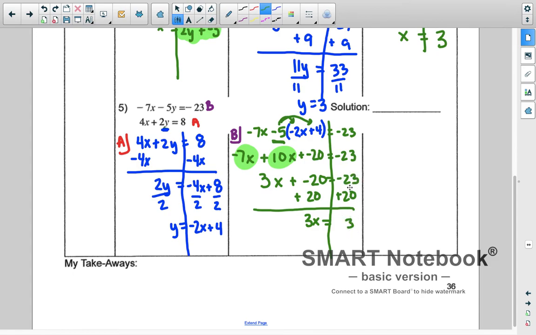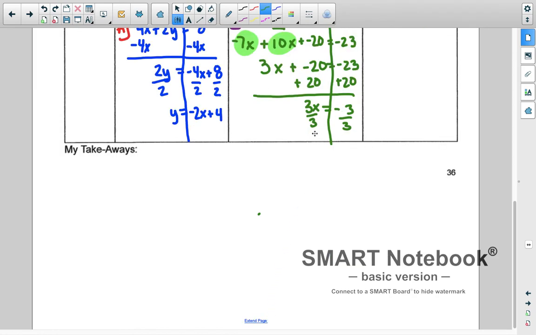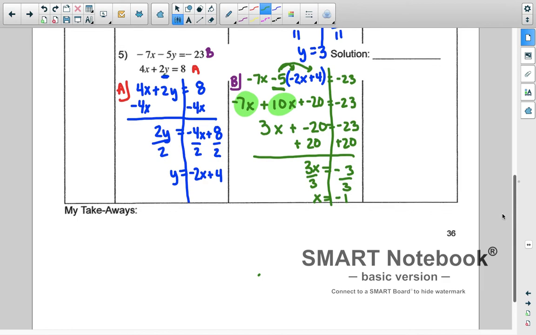But this time we have more negatives because there's 23 negatives, there's only 20 positives. And then divide both sides by 3. And x equals negative 3 divided by 3 would be negative 1. So in our solution, my x comes first, that's going to be negative 1.